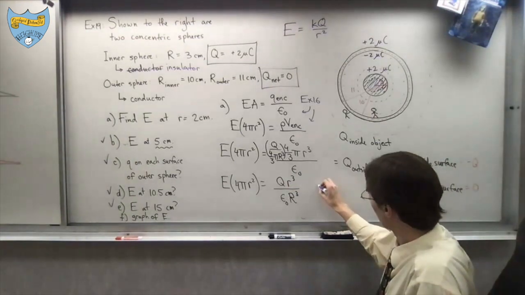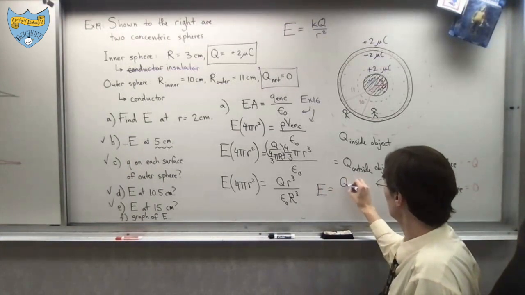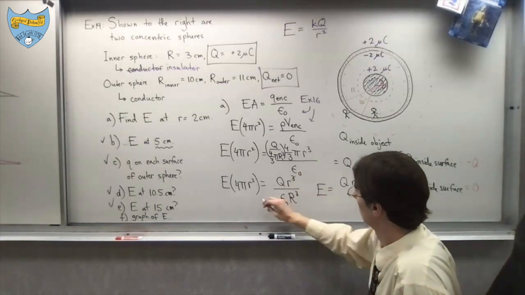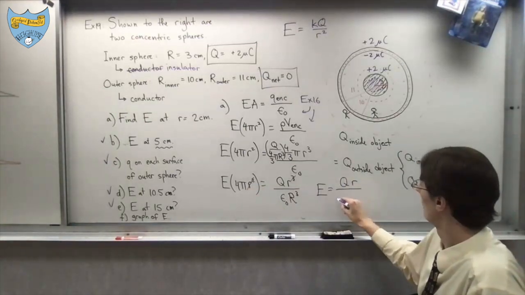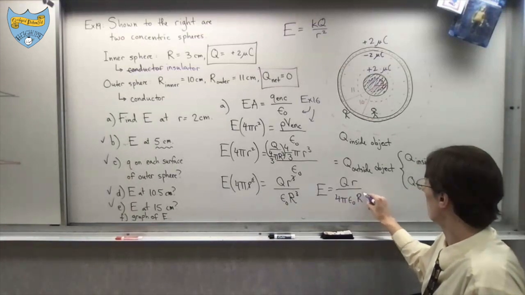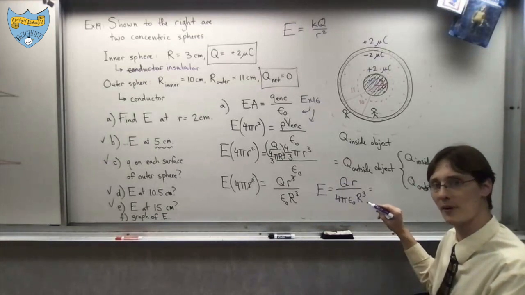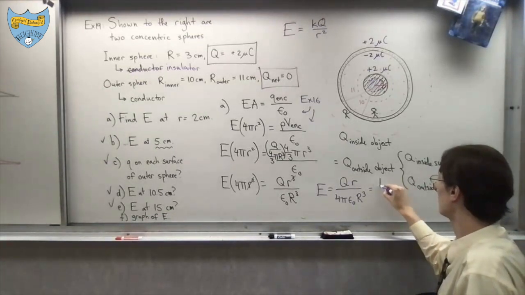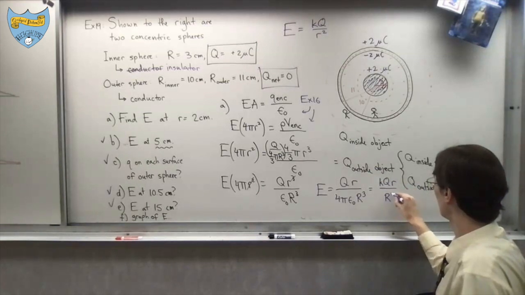Final step. Our electric field then is q r, because 2 factors of little r cancel, over 4 pi epsilon naught big R cubed. Or, if you recall, 1 over 4 pi epsilon naught is actually k, so you could write this as k q r over big R cubed.